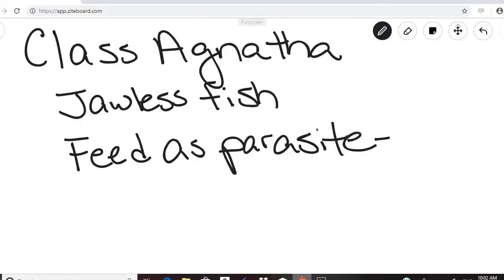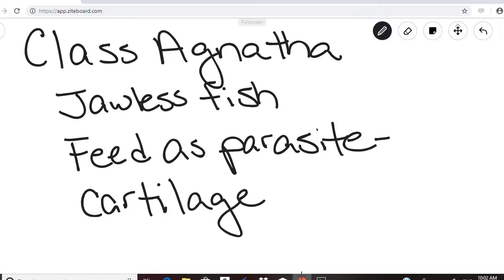A lamprey's skeleton is made of cartilage. Cartilage is bone that has not been calcified.